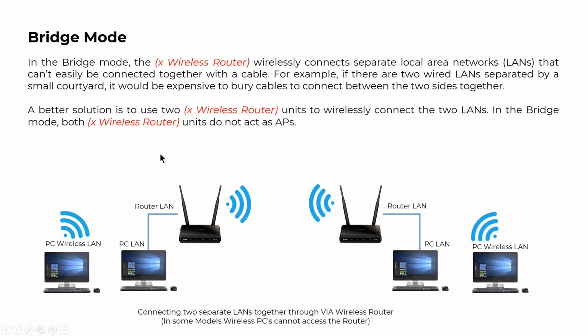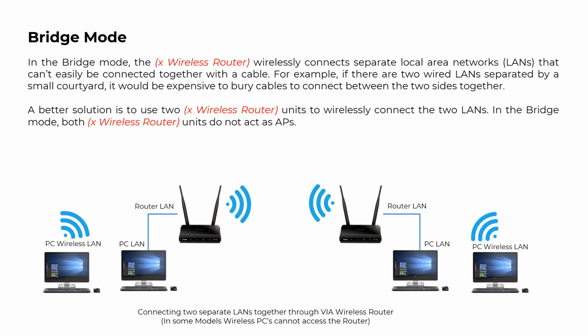In bridge mode, the wireless router wirelessly connects to a separate local area network that can't easily be connected with a cable. For example, if there are two wired LANs separated by a small courtyard, it would be expensive to bury cable to connect the two sets together. A better solution is to use wireless routers to wirelessly connect the two LAN networks in bridge mode.